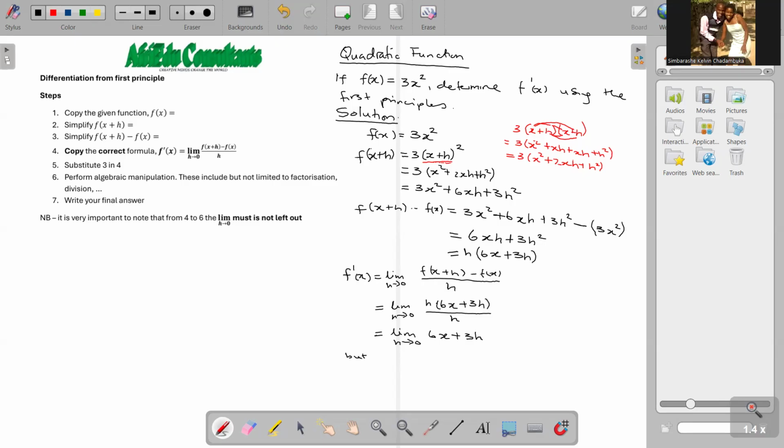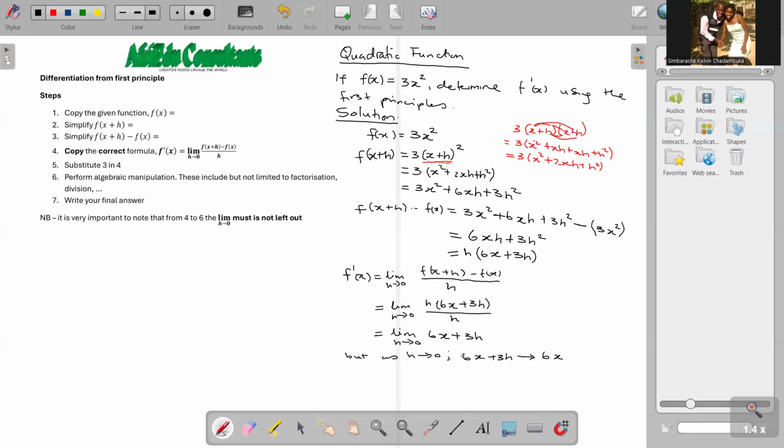But we have to know that as our h is approaching 0, meaning our h is getting smaller and smaller, it means this part, 6x plus 3h, is going to approach what? It's going to approach 6x, because the part 3h is going to approach 0.